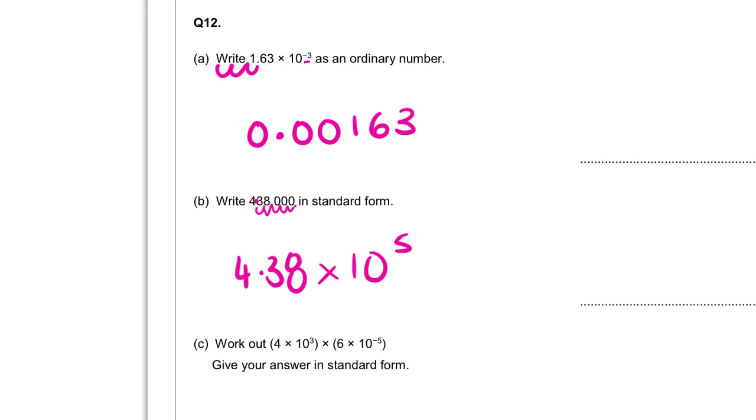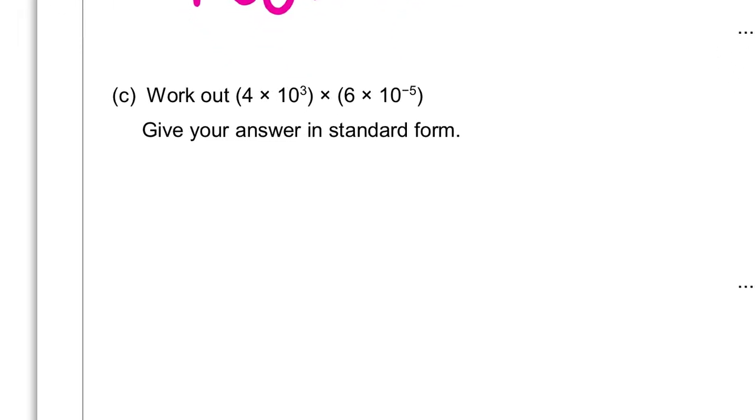Now, you can work this out, giving your answer in standard form. You can actually put this straight into your calculator. So if I put this into my calculator exactly how it is, 4 times 10 to the power of 3 times 6 times 10 to the -6.